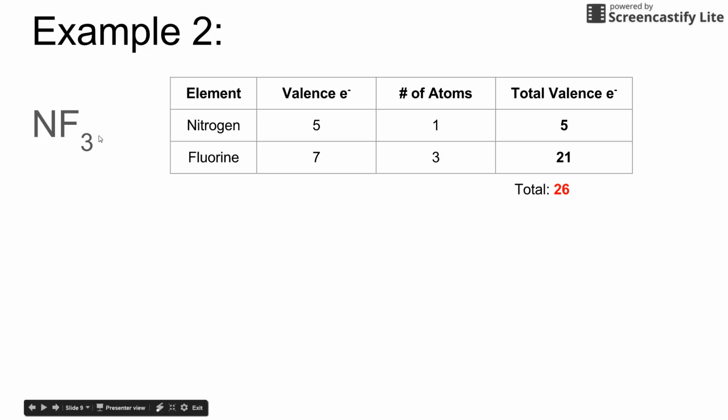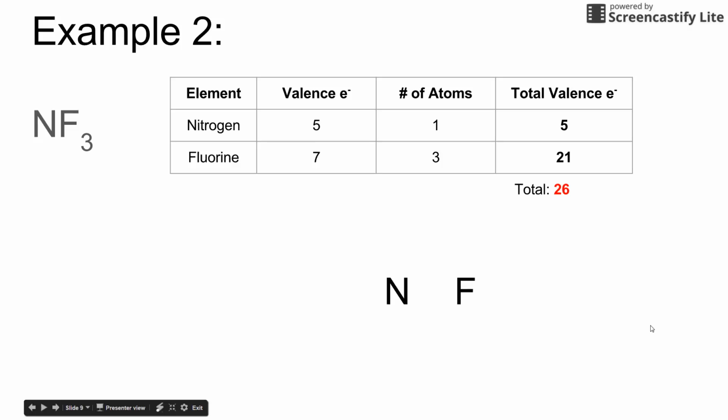Fluorine can never be a center atom. It always has to be on the peripheral because it has 7 valence electrons, and it can only pick up one more electron, making a single bond. So nitrogen is the center atom in this case.